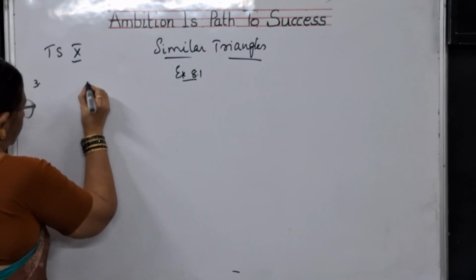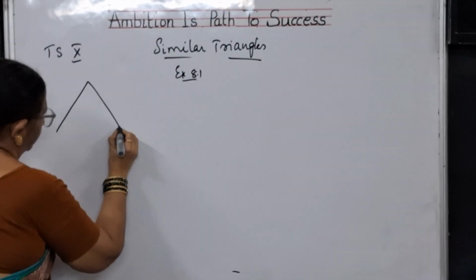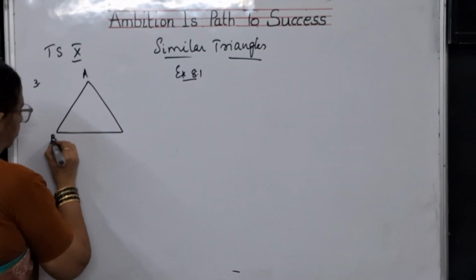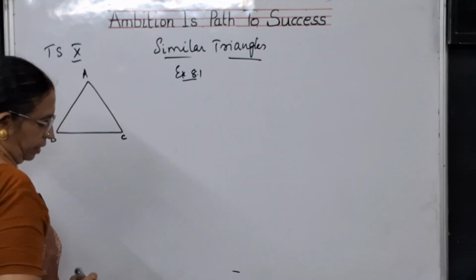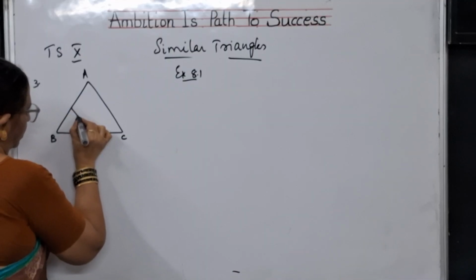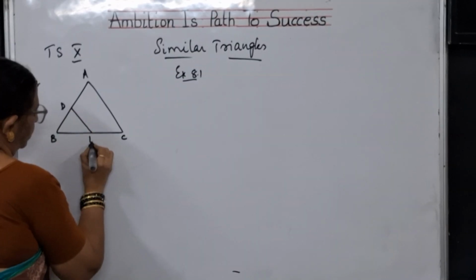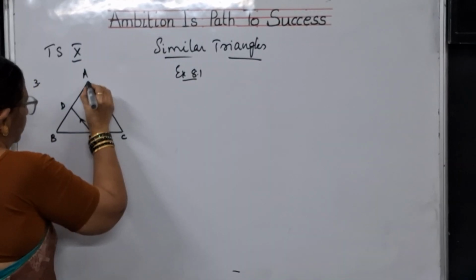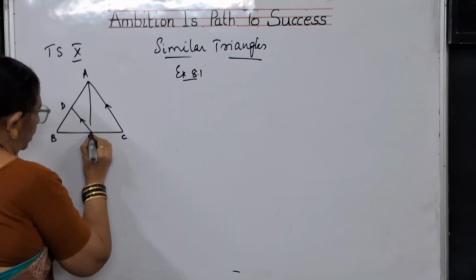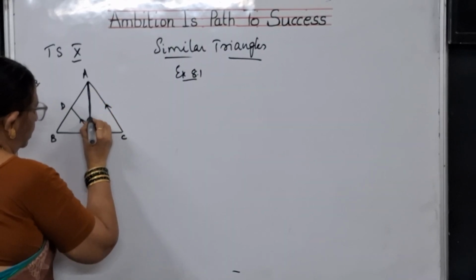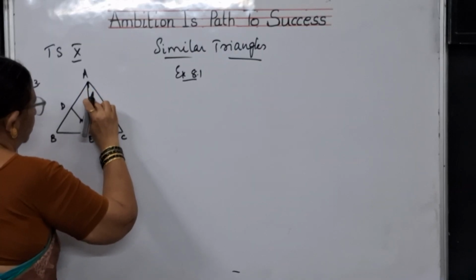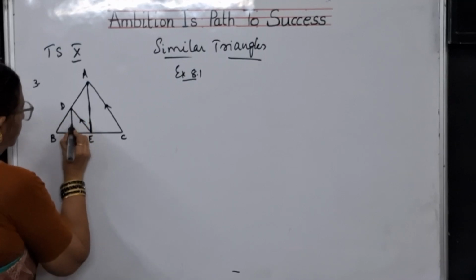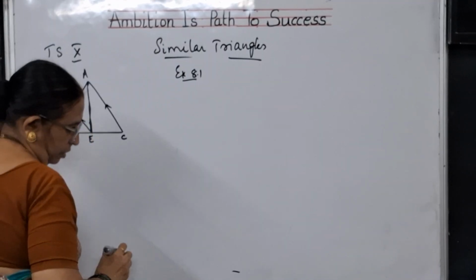You have got a figure, children. Let me first draw the figure. A, B, C and DE. DE is parallel, and you have got AE, this is AE, and then DF.